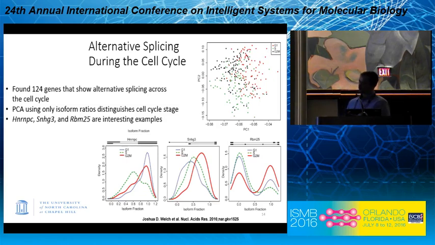We also found the RBM25 gene, which is an RNA binding protein, and the distribution of this ratio of these two splice variants across the set of cells is intriguing because it's a bimodal distribution. And what that means is that in most cells, either this splice variant or this splice variant is present, but not both. And you can see that the bottom splice variant here is the predominant variant in G2M phase.